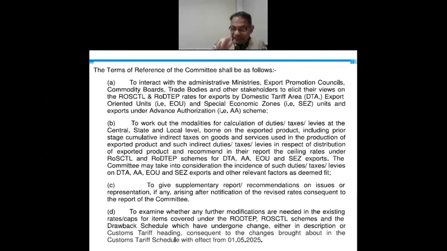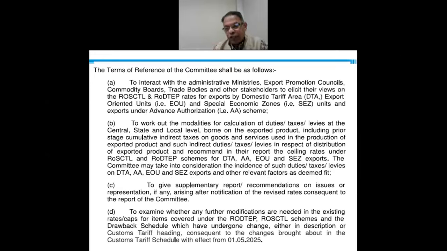To interact with administrative ministries, export promotion councils, commodity boards, trade bodies, other stakeholders, to elicit their views on RoSCTL and RoDTEP rates for exports by domestic tariff area, export-oriented units, special economic zone units, and exports under advance authorization.